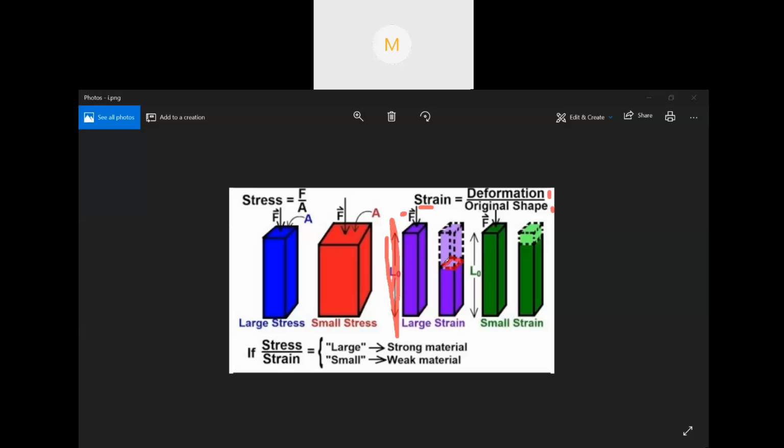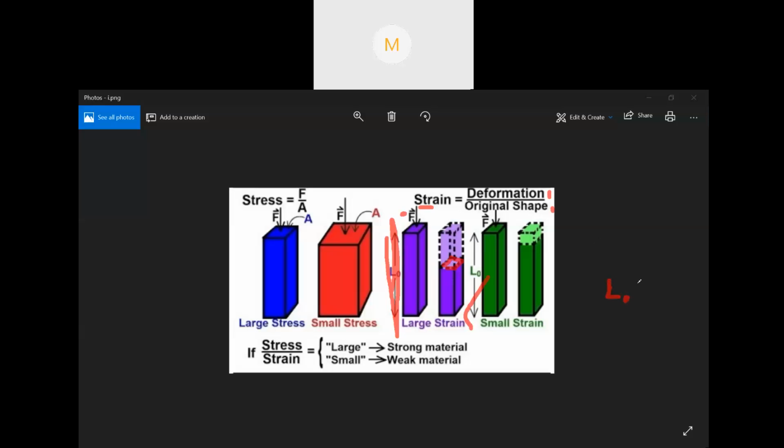Yes or no? Yes, sir. So if the length automatically reduces, suppose the initial length was L naught, the original length.